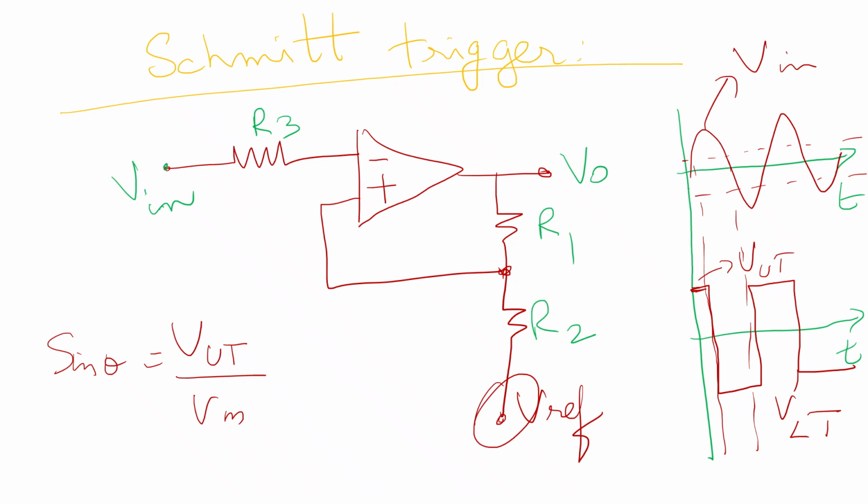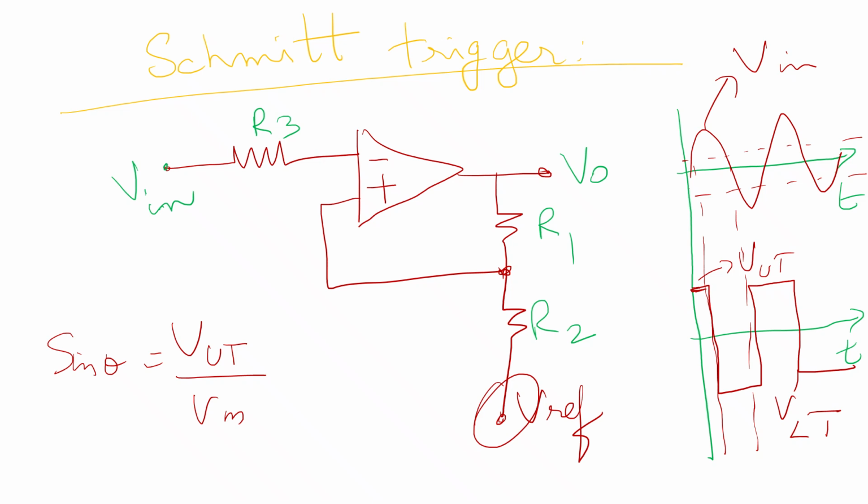Now though Vin is decreased, the output continues its positive saturation level until the input becomes more negative than VLT. At the lower threshold, the output changes its state from positive saturation, plus Vsat, to negative saturation, minus Vsat. It remains in negative saturation till the input voltage increases beyond its upper threshold value VUT.